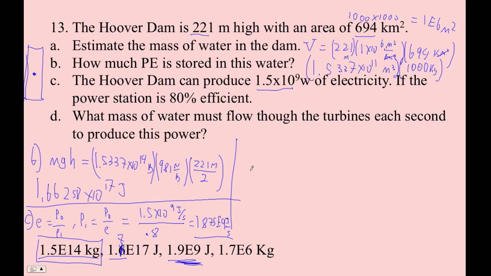And then it says, what mass of water must flow through the turbines each second to produce this power? I think for this one, we assume that the mass is coming from that height of 221 meters. And the question is, how much mgh do we need? So we want to create 1.875 times 10 to the 9th joules.